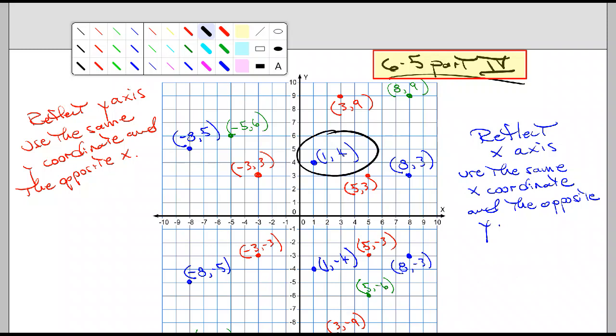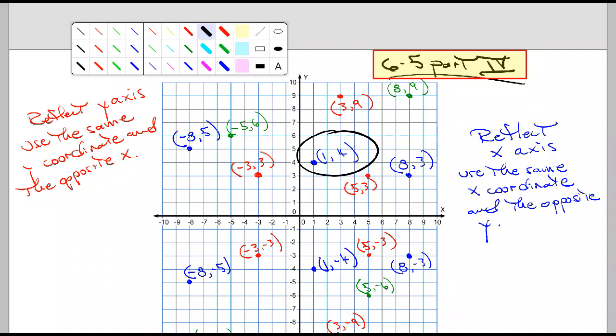It's 1, 4. So if I want to reflect the x-axis, the x-coordinate stays the same. Use the same x-coordinate. That stays the same. And the y-coordinate is the opposite. Okay?